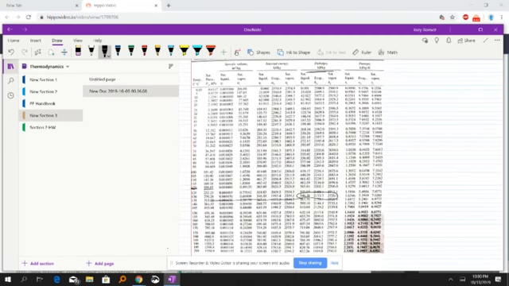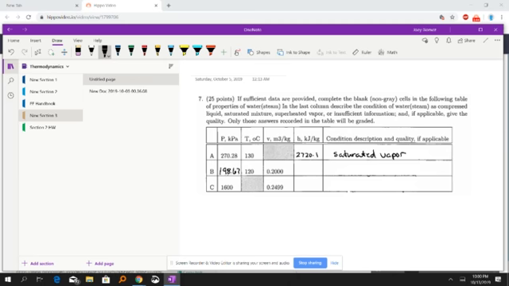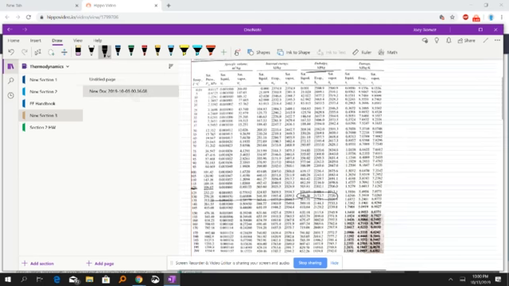Now we also need to find the enthalpy H. This one's a little different because we're given the specific volume, so we've got to find the exact enthalpy for this specific volume.